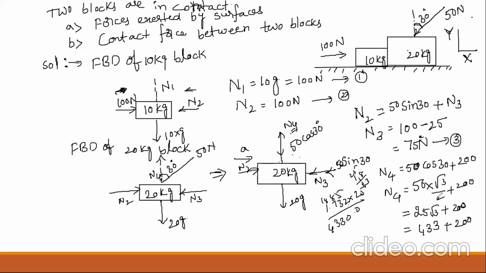So how much will you get? 1.732, 25 into root 3, right?